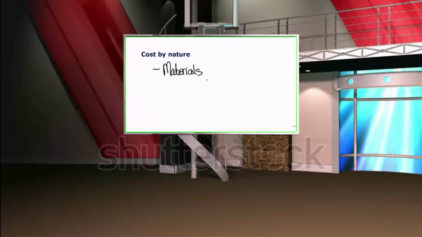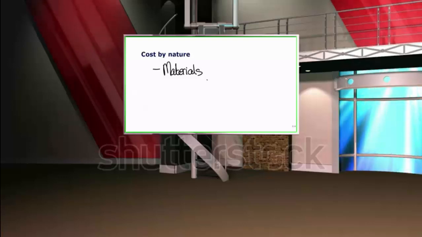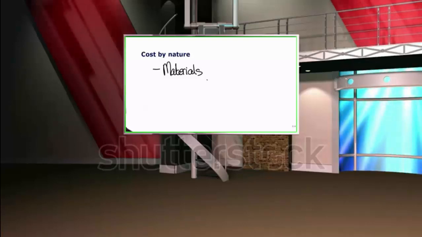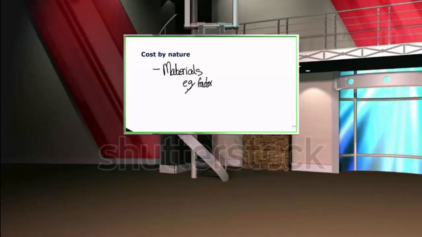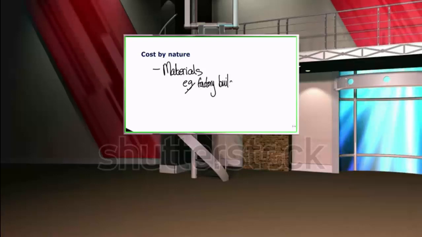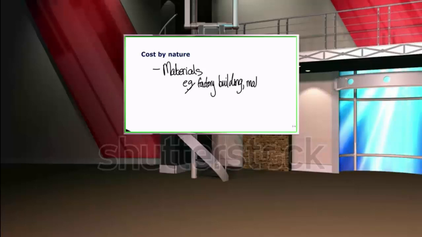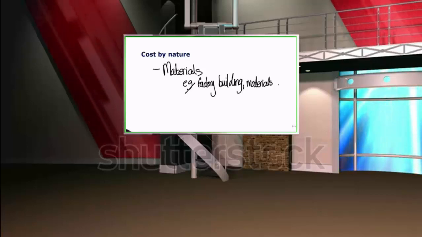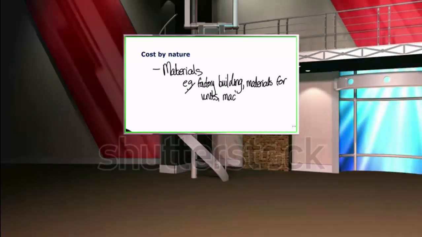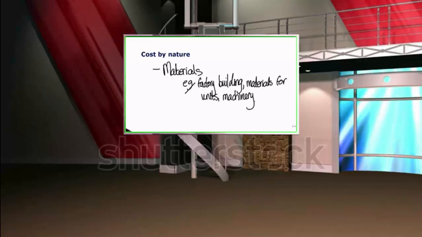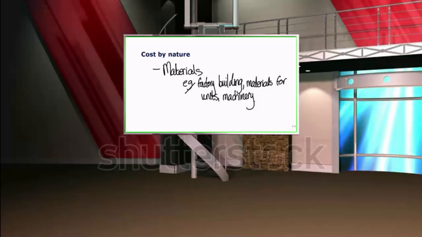Our factory building is tangible, we can reach out and touch it, so it is a materials cost. So our factory building, the materials for our units, and perhaps we would have some machinery as part of our factory operation. These will be all our material costs.